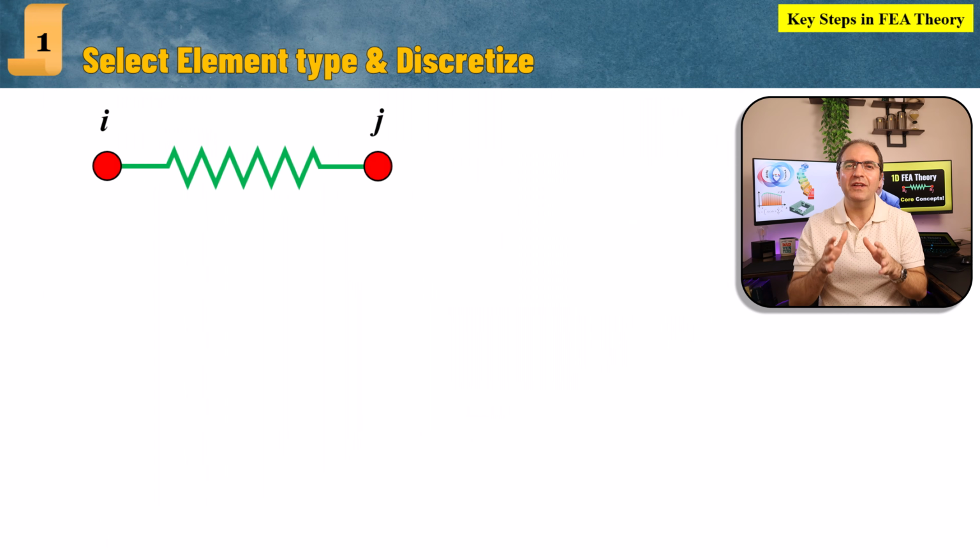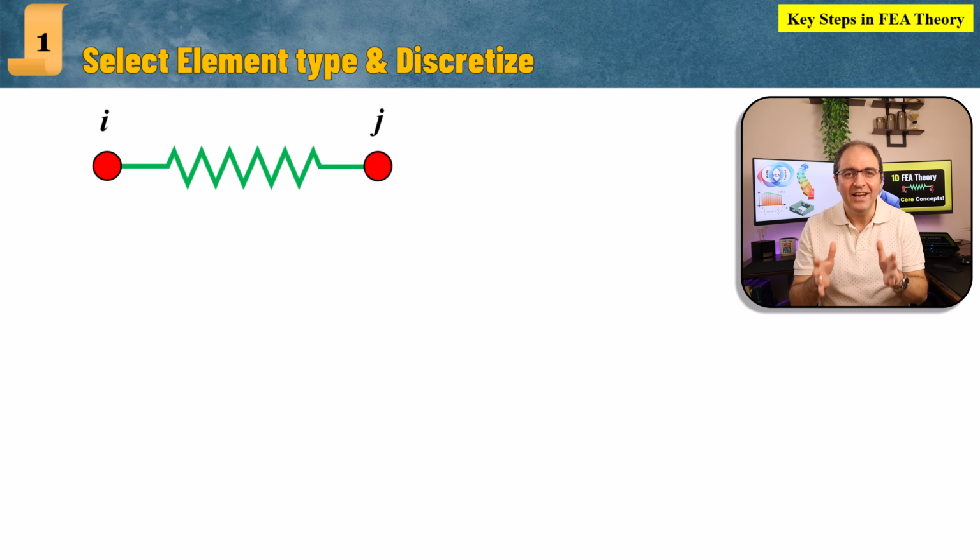If you're solving a one-dimensional problem, you can use a simple element that connects 2 nodes, as shown here, with nodes i and j. Now, along with choosing the element type, you must also consider the field variable, the unknown you're solving for. This is represented by the degree of freedom, or DOF, at each node. For example, in the case of a structural analysis, the field variable is usually displacement.